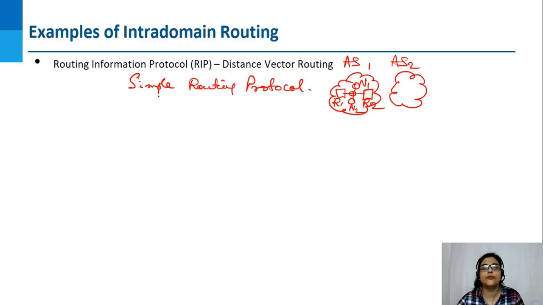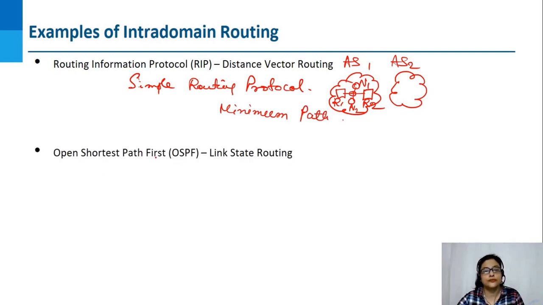And the simplest form of intra-domain routing is RIP, and this is based on distance vector routing, which we have already learned in the previous video. This distance vector routing is basically based on minimum path.